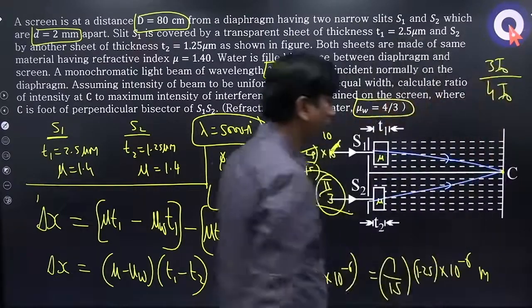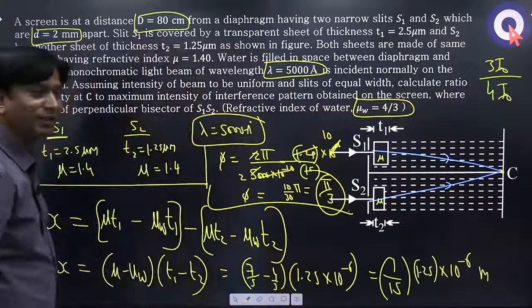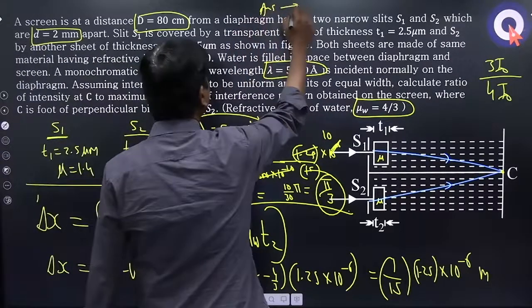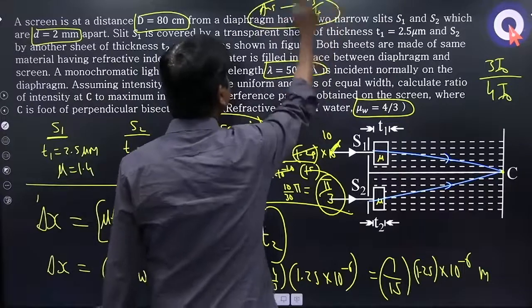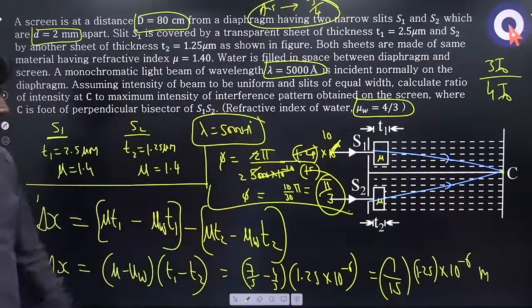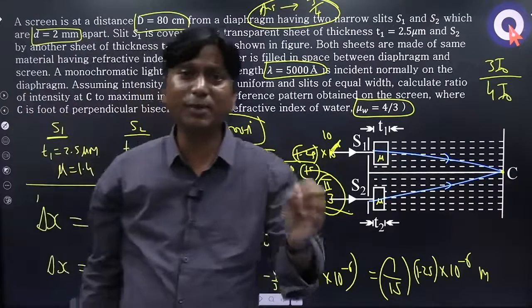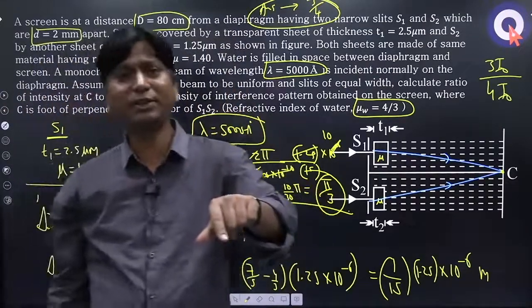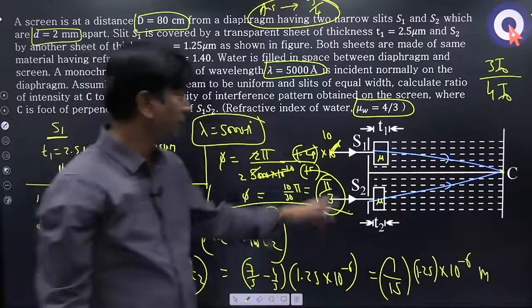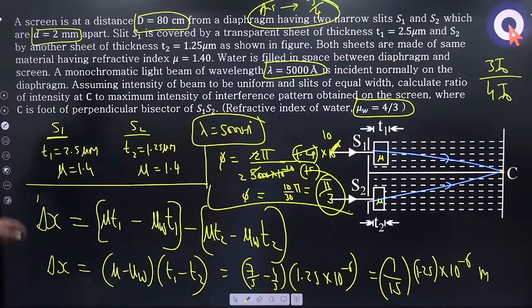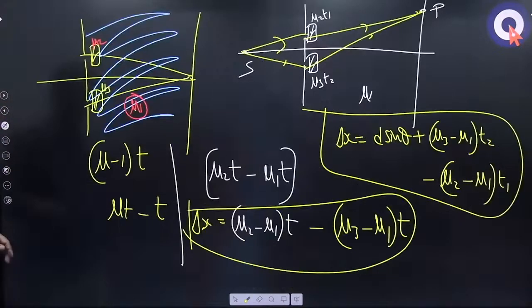So the ratio will simply be 3:4, and that is the answer. Because you are getting 60 degrees, the resultant intensity will become 3 I naught, and the maximum intensity will be 4 I naught, provided this is I naught and this is I naught. That's all.